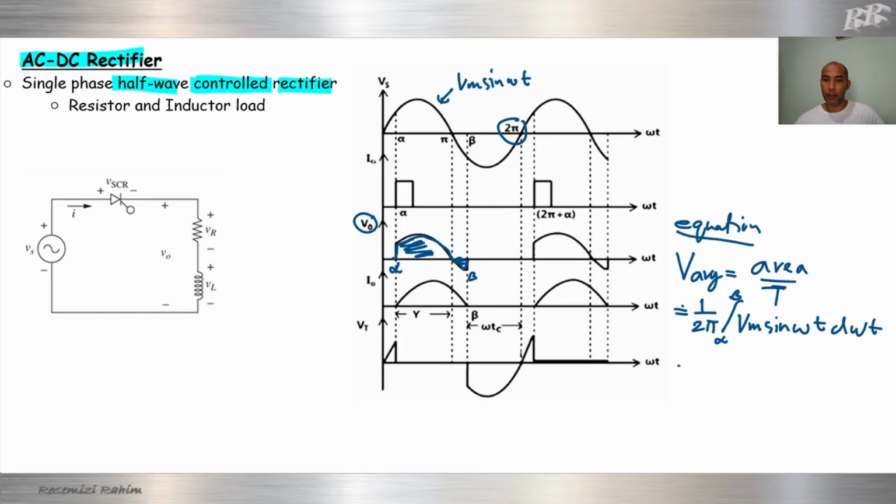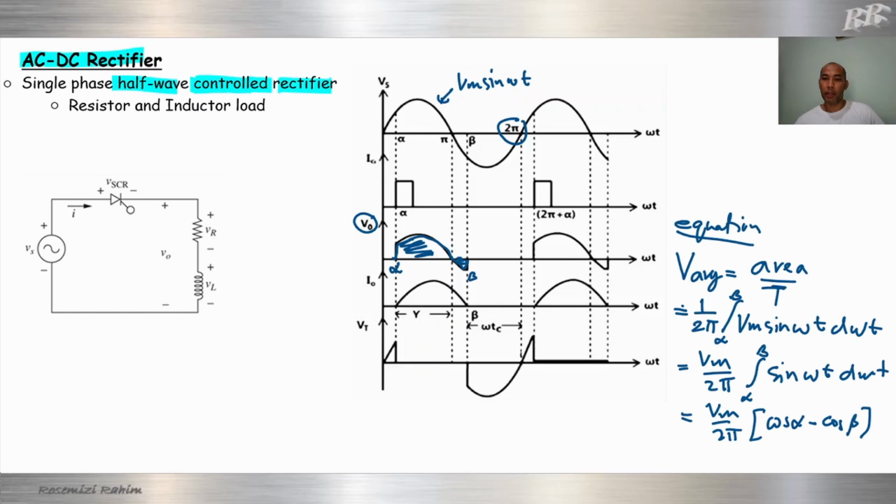What we get is Vm over 2 pi integral from alpha to beta of sine omega t d omega t, equal to Vm over 2 pi times cos alpha minus cos beta. This is our V average.